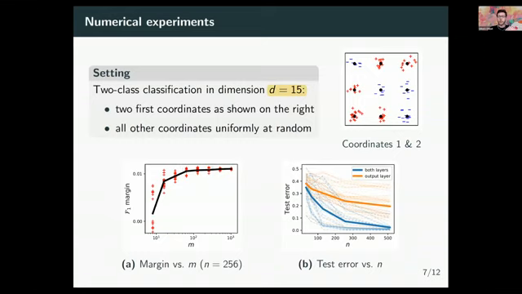So our theorem does not tell when we converge to this max margin. We just know that the black curve will converge to its maximum value. And here we observe that we only need 100 neurons to find the max margin classifier, but I expect that this will highly depend on the specific task at hand.